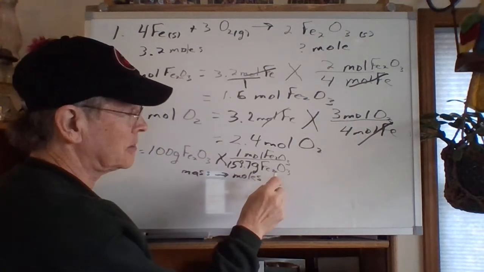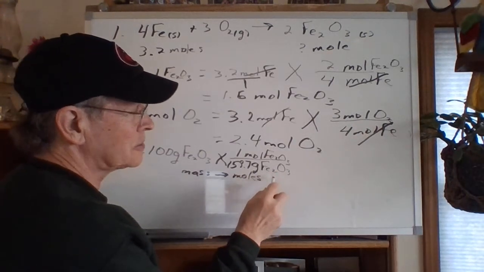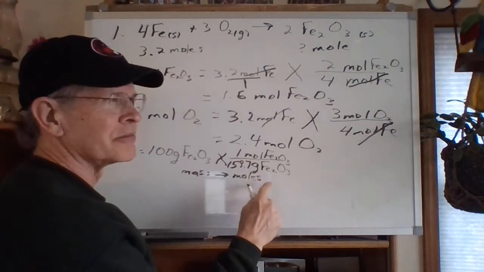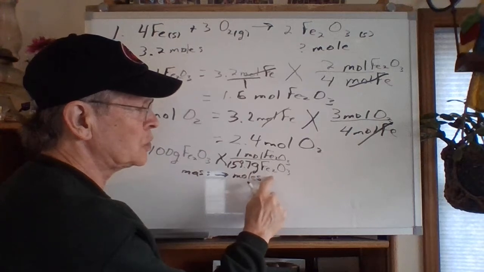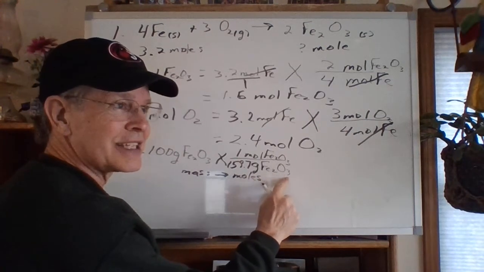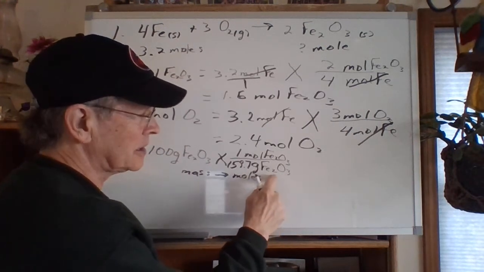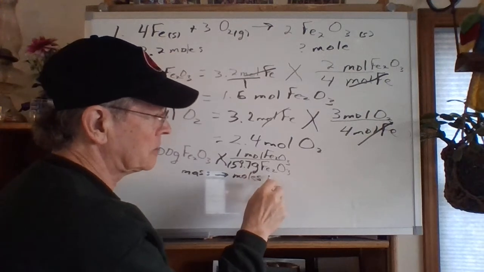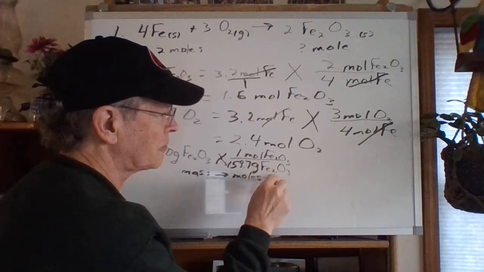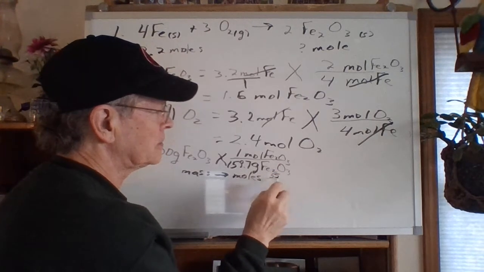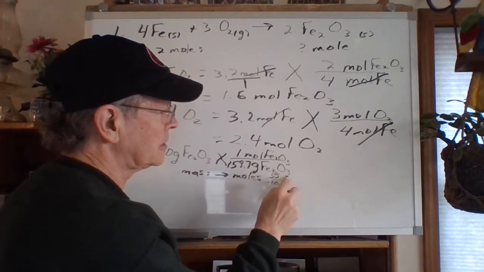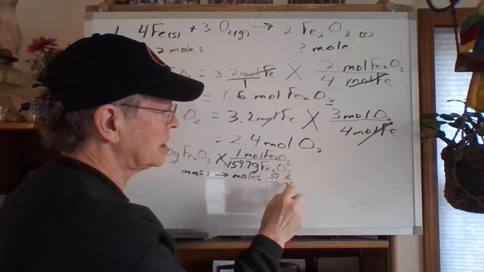Very good. Iron is 55.5 something. Take that times 2. Oxygen is 16. Take that times 3. So 55 times 2 gives you 110 something, and 16 times 3 is 48.